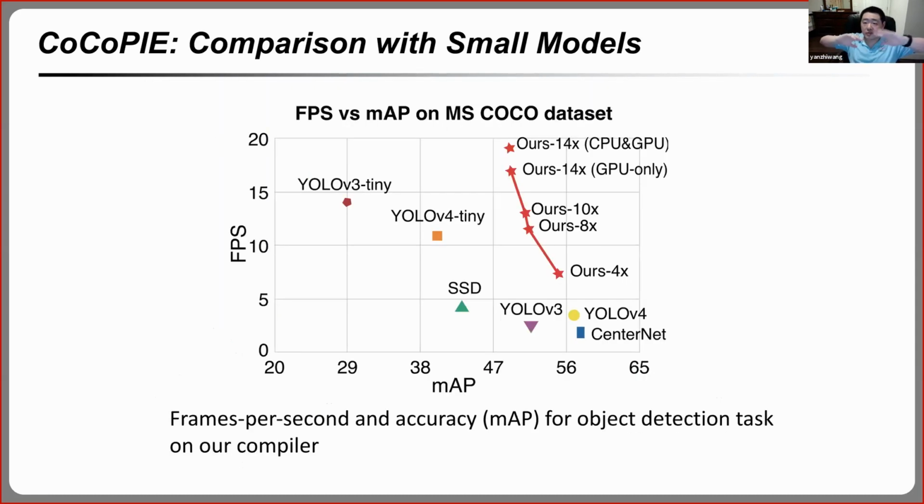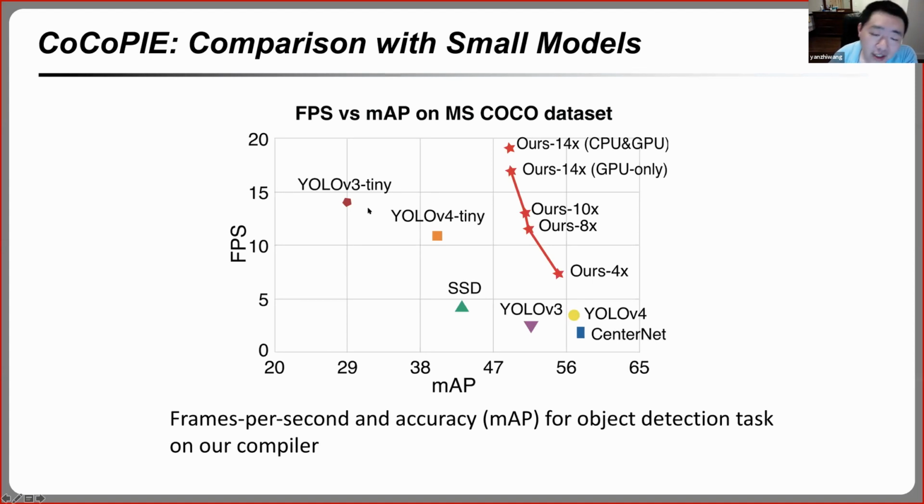And for this, we want to further compare with smaller models. Training smaller models is currently a main focus. We want to train the tiny model, but it's very difficult to maintain the accuracy. We can see the YOLO V4 accuracy is shown here.